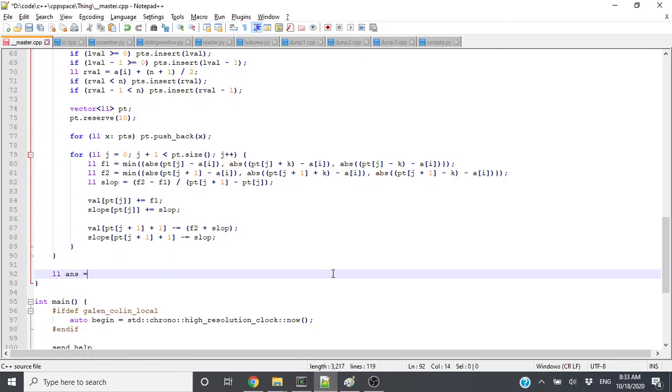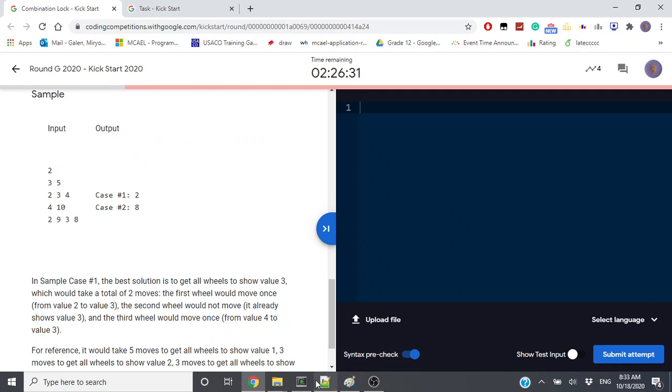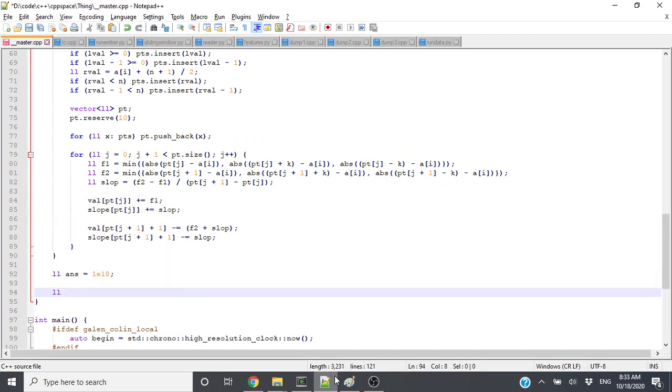For ans equals, what do we make it? 10 to the 18th. Wait, why do we need to do this?